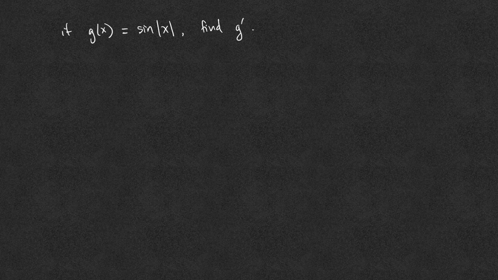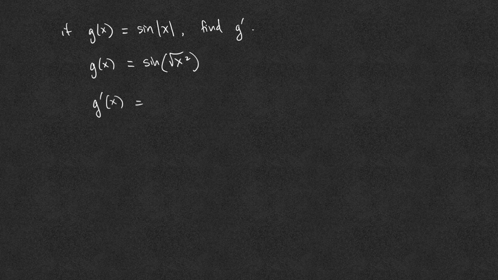Find the derivative of g of x equals sine of the absolute value of x. First, we rewrite g of x as sine of the square root of x squared. Again, the definition of the absolute value of x is the square root of x squared. And then we use the chain rule.